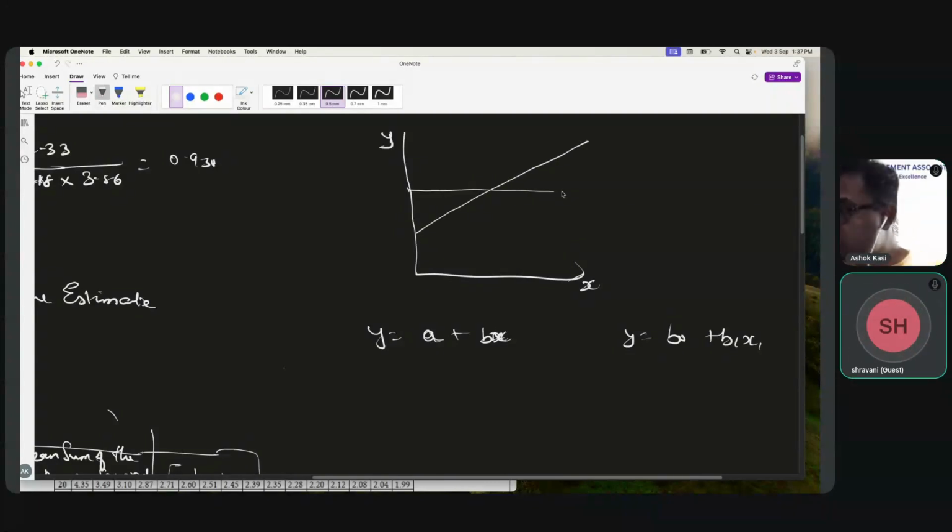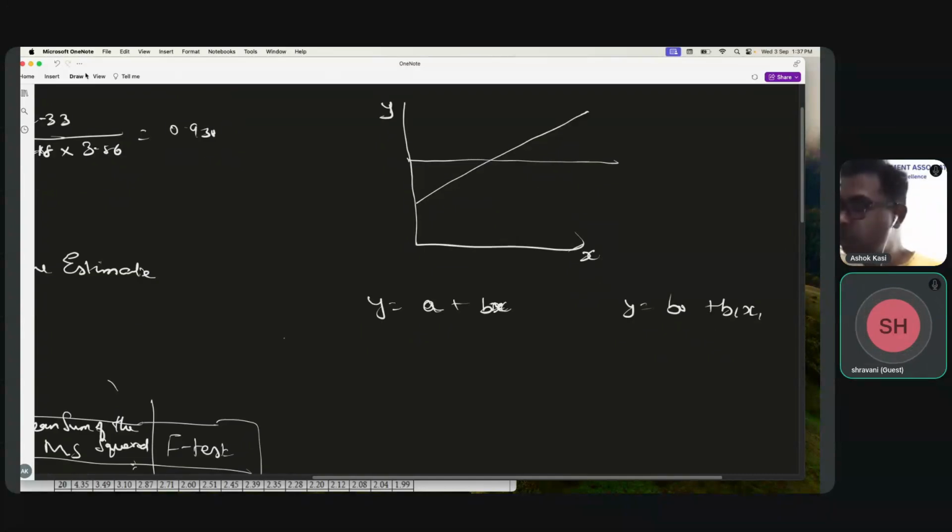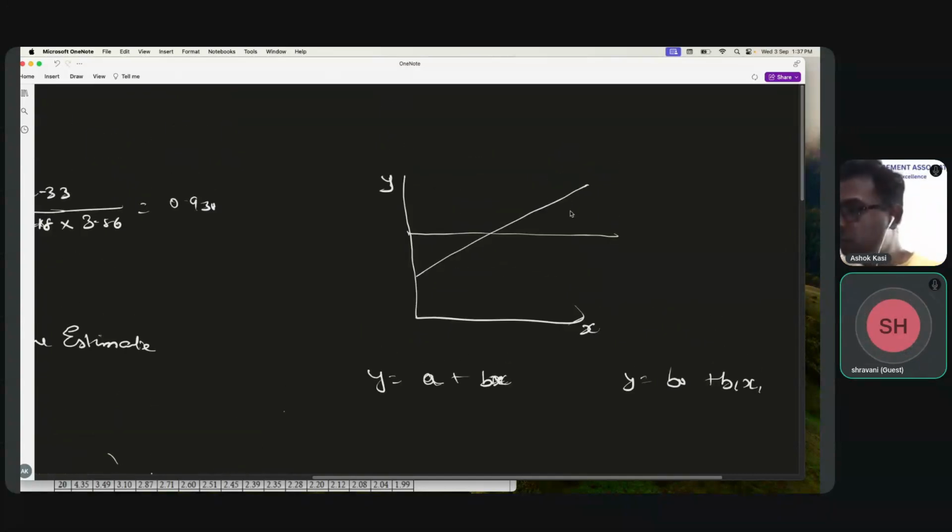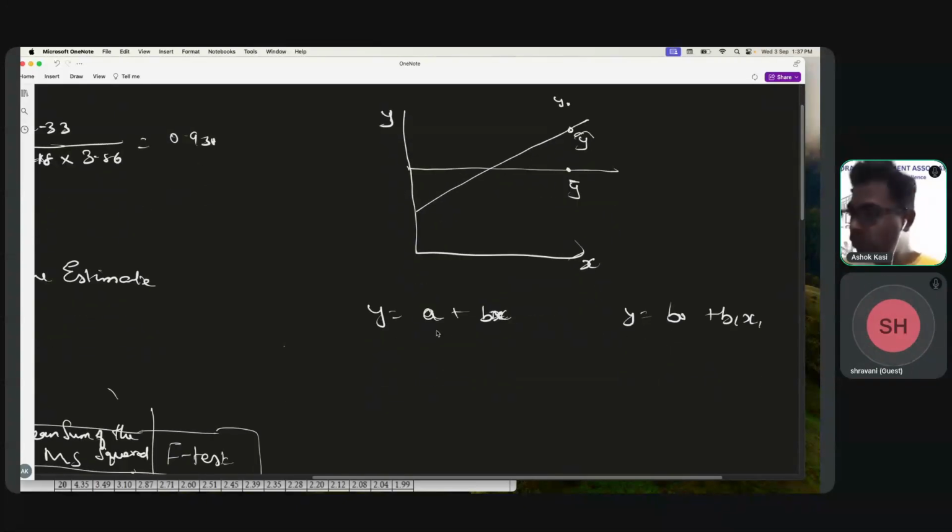Now this is called y bar, and this is called y hat, which we have to find out, the predicted value of y, and this is the actual y. First of all we have to calculate the value of beta and the intercept.